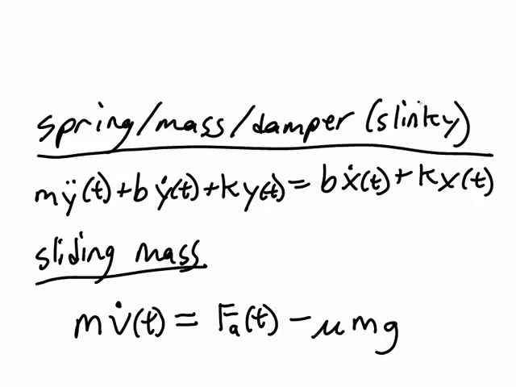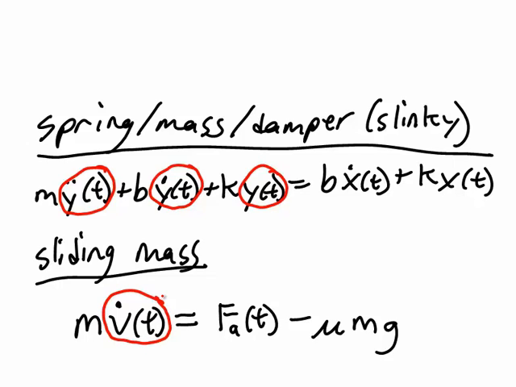First of all, notice that with the spring mass damper system, the left-hand side of the equation includes the output, the first derivative of the output, and the second derivative of the output. In the sliding mass, all we have is the first derivative of the output. There is no second derivative of the output included.